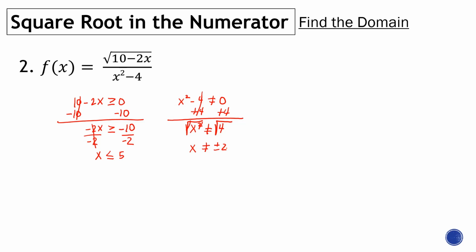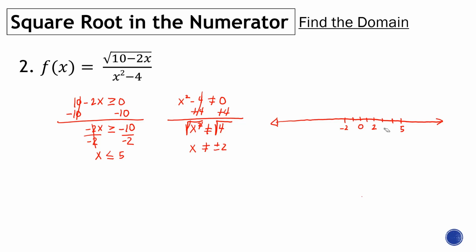Let's find the intersection. Let's draw this number line again. For x less than 5, this is 0, this is negative 2, this is positive 2, and then 1, 2, 3, 4, 5.